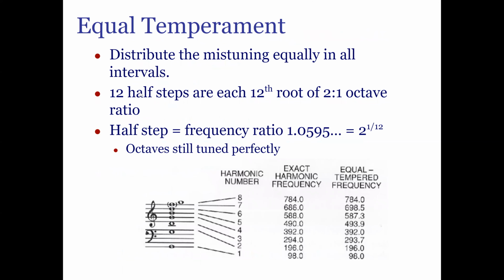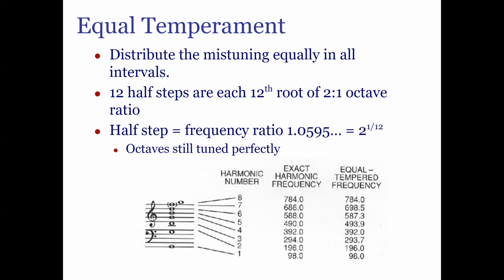So in the modern equal temperament, we're going to be distributing our mistuning equally in all intervals. We go back to that original setup that we had in the Pythagorean temperament, and we had that mistuning that we got when we went up in fifths. So what we do is we mistune each half step by 1/12 of that comma of Pythagoras. So that instead of the half step giving us exactly what we're looking for, everything's mistuned a little bit.